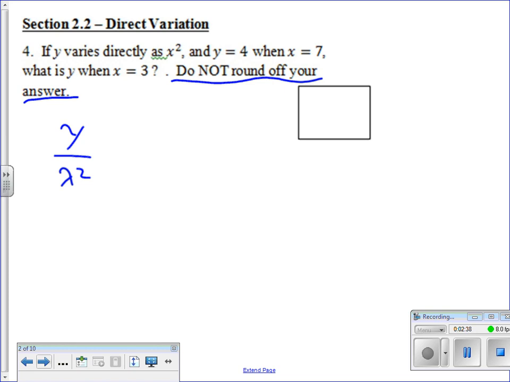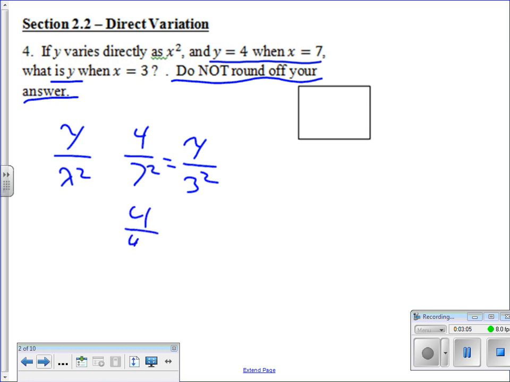Write down the relationship and then plug in the numbers. I have y equals 4 when x is 7. So that means I have 4 over 7 squared equals, I don't know, over 3 squared. Just plug them in. Notice I didn't square anything yet. All I did was plug the values into the relationship.